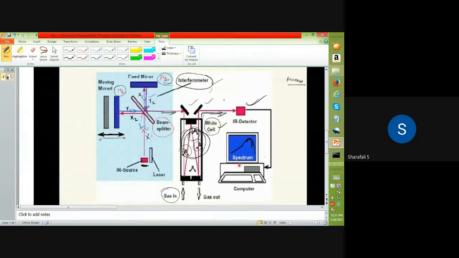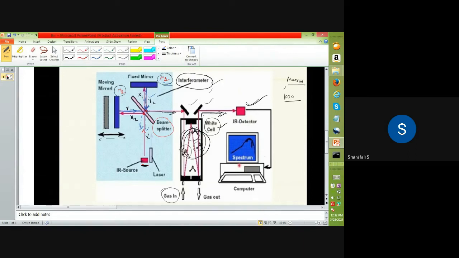We can measure what radiation is coming, and those detected radiations will be fed to this computer system.